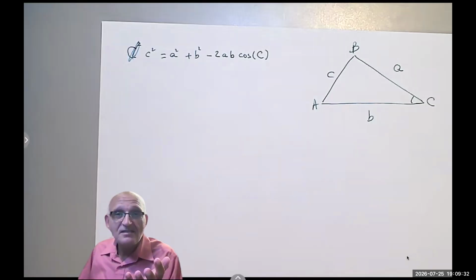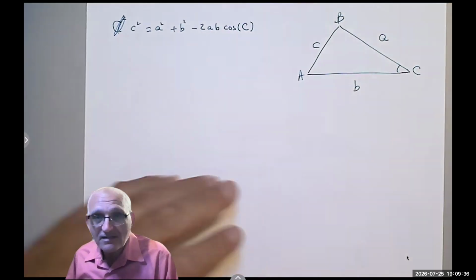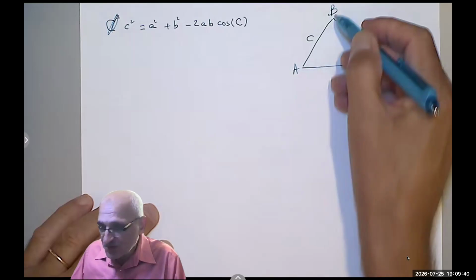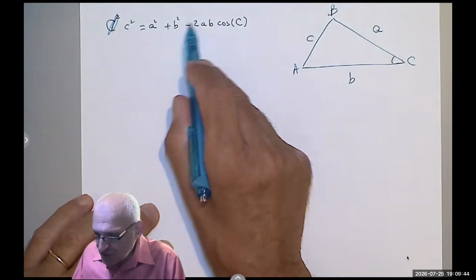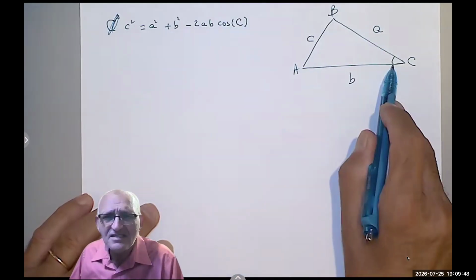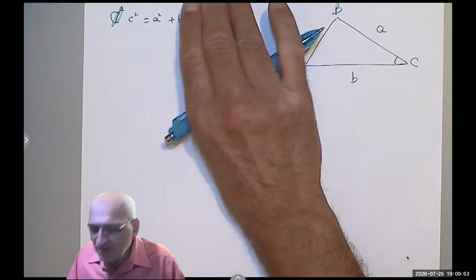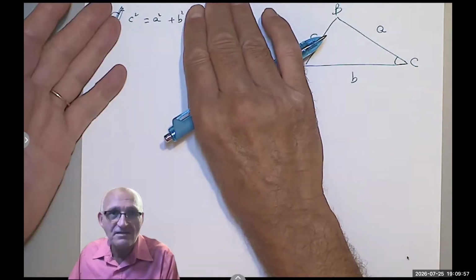No, it is. How? Do you know that in Pythagoras, if this angle is 90 degrees and you're looking for c squared, you say c squared equals a squared plus b squared minus 2a times b times cos c. But c is 90 degrees and cosine 90 is 0. So that term hides, and you get the Pythagorean theorem.